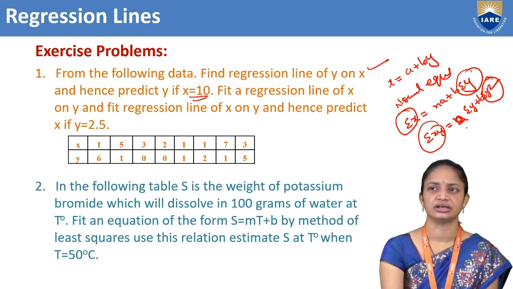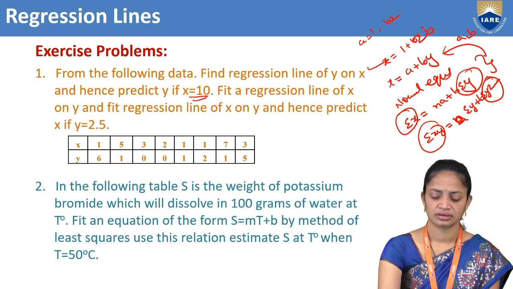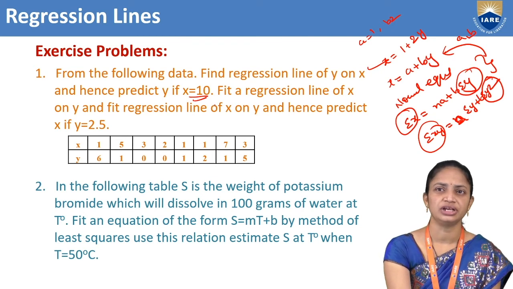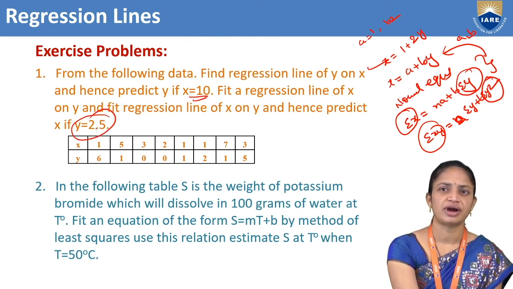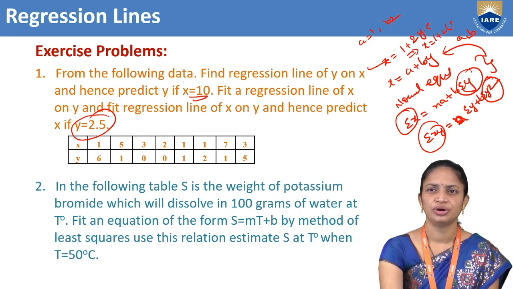After that, solve the a, b values and substitute them here. Then the equation will be in the form of, let us consider a equal to 1 and b equal to 2. So 1 plus b into y, that means 2y. Substitute a value 1 and b value 2, that is 2y. After that we need to substitute the y value, which is 2.5. So we can find x equal to 1 plus 2 into 2.5.